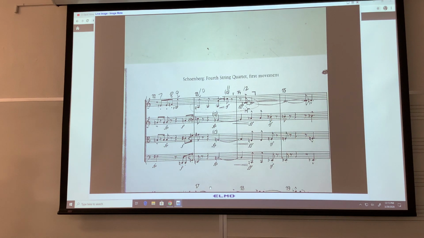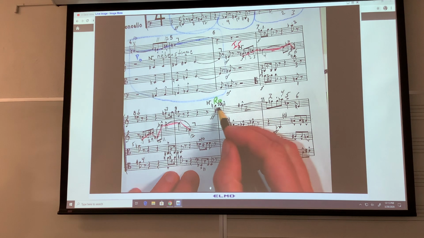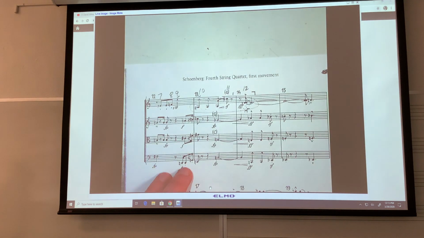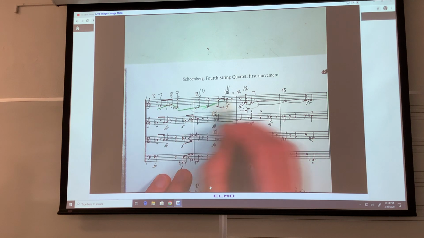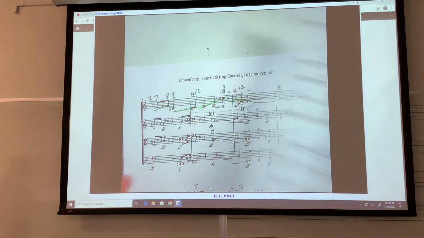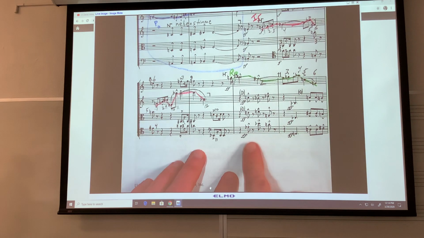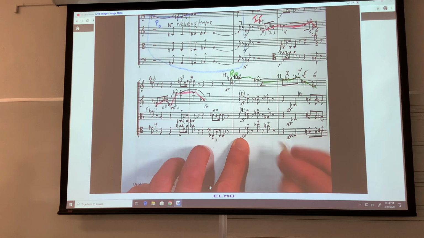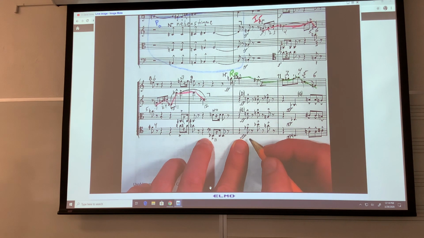So let's see, this is our green. So going back over here, and of course, if we go and look at all of the other stuff that goes with R0, I think we will find 4, 5, 6, 7, 8, 9, 10, 11, 12.